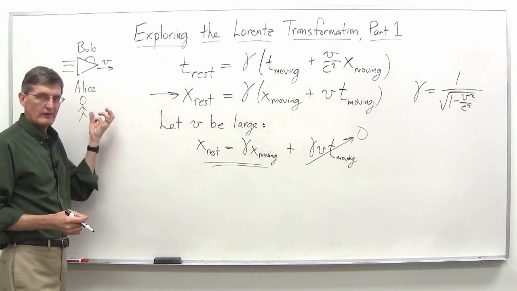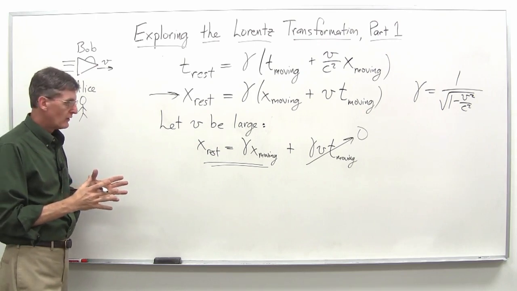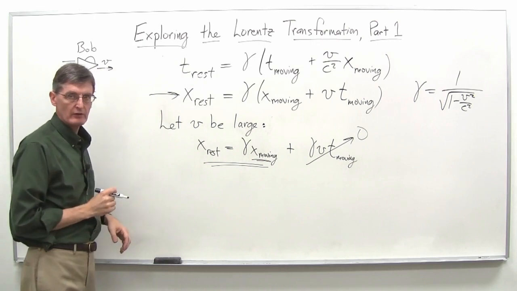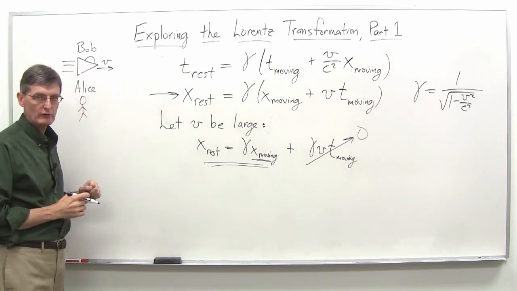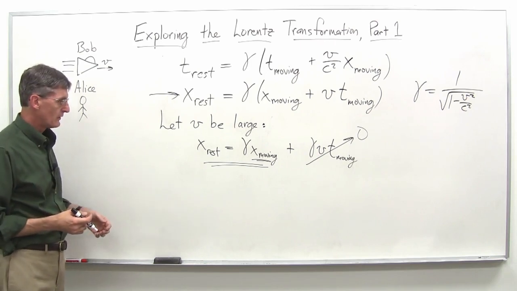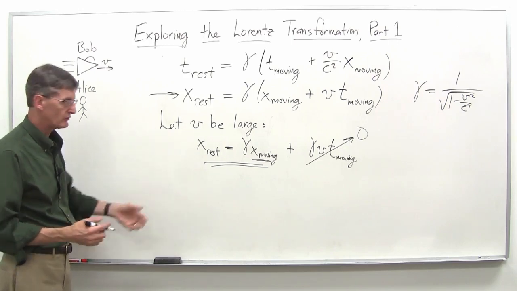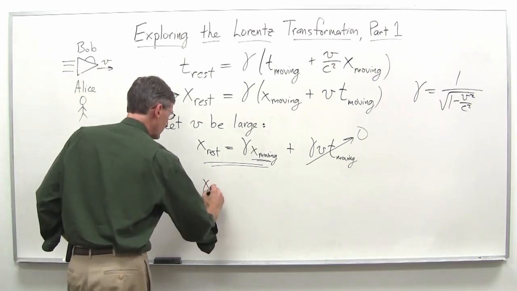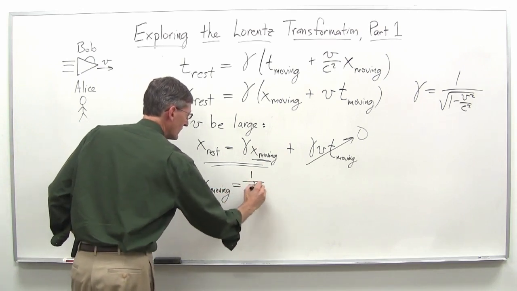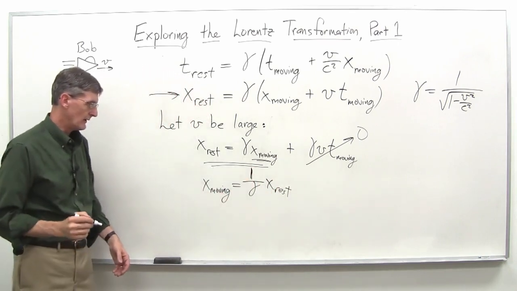Alice, remember, length in the moving frame is going to be contracted. So Alice here will see x moving as less than her value for whatever the distance is, 23 or whatever. Okay? So another way of saying this, the way we wrote the equation before, was x in a moving frame equals 1 over gamma times x in the rest frame, the stationary frame.